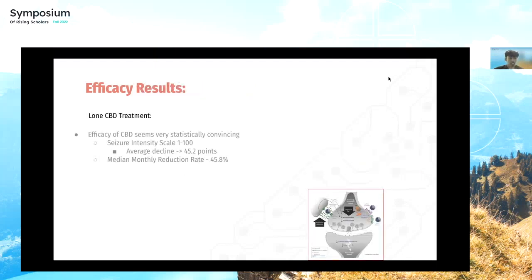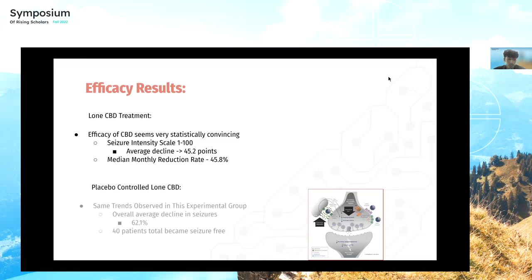Okay, so first let's look at lone CBD treatment. A lot of the studies use the seizure intensity scale, which is a scale from 1 to 100 that just assesses the intensity of people's seizures at the beginning of the trial and at the end. It was recorded that there was an average decline of 45.2 points on this scale, and also a 45.8% median monthly reduction rate when people were just using lone CBD treatment.